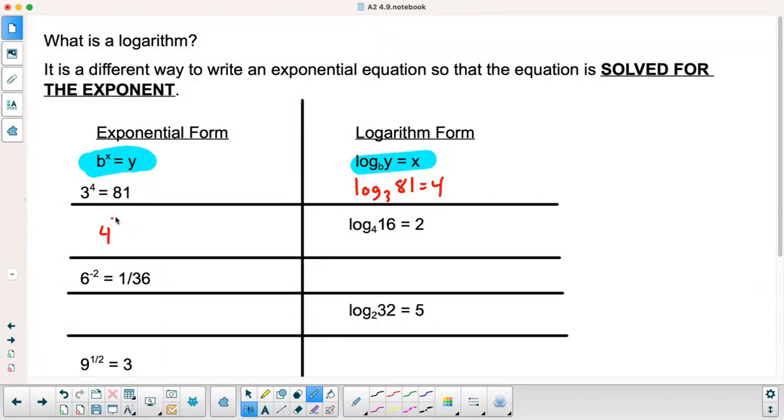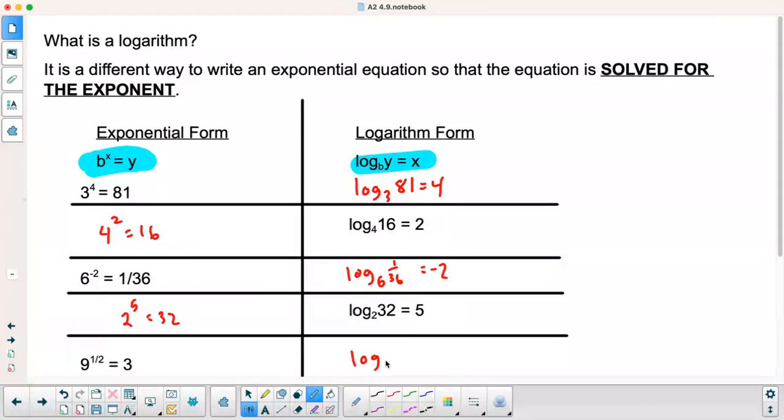So I'd say 4 to the second equals 16. Over here, this would be log base 6 of 1/36 equals -2. This would be 2 to the fifth equals 32.